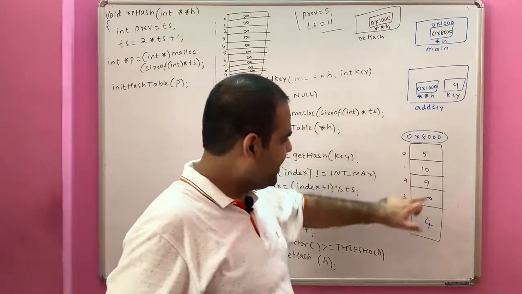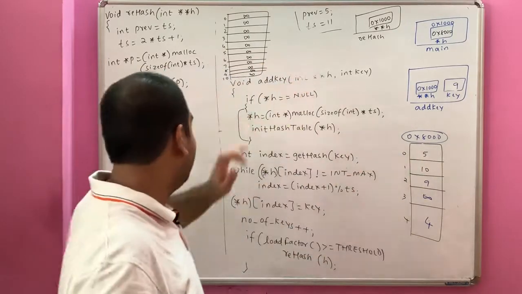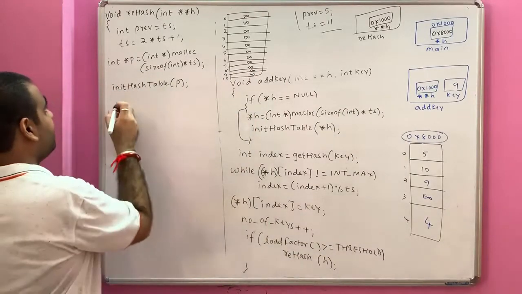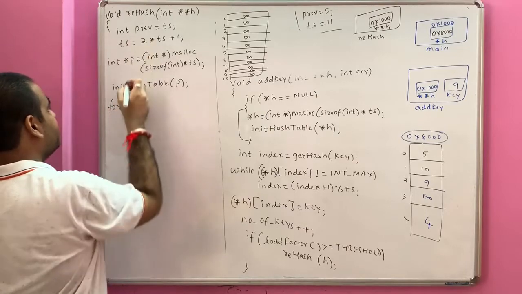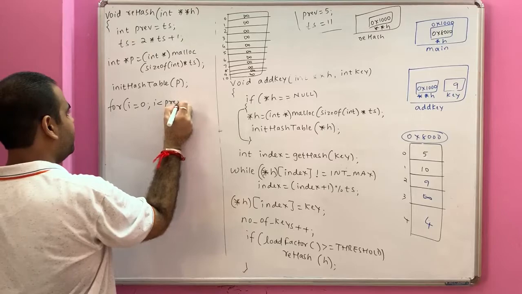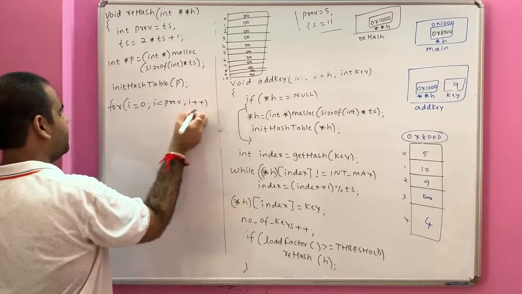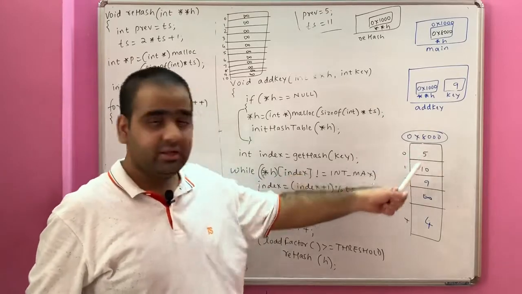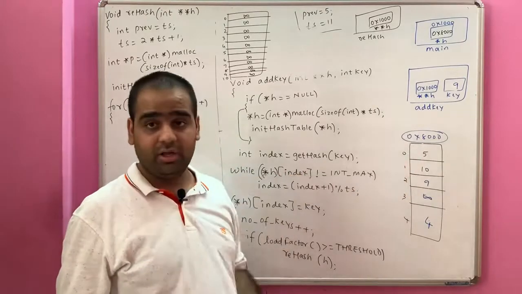Next we have to take each key of the previous table and add it over here. How many keys are there in the previous table? Previous number of keys. For I is 0, I is less than previous, I plus plus. Fair enough. Now you have to take the first key and see, is it not equal to infinity?